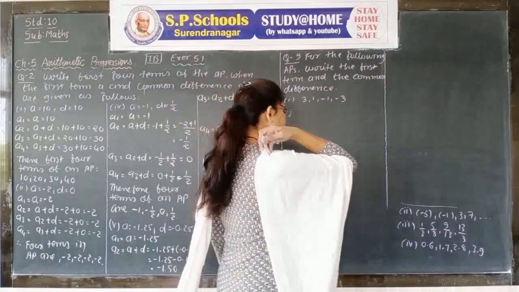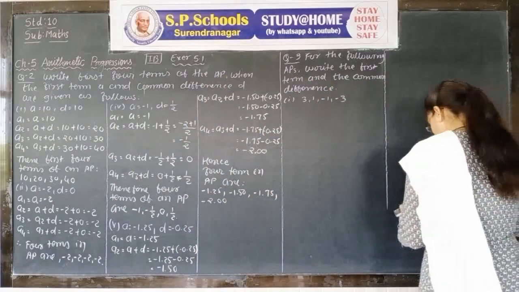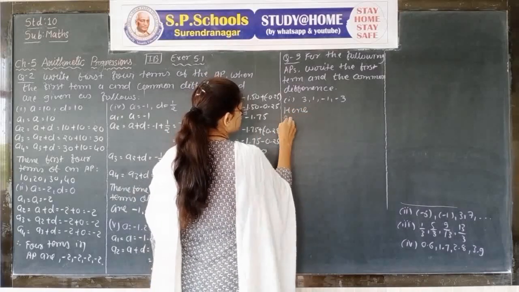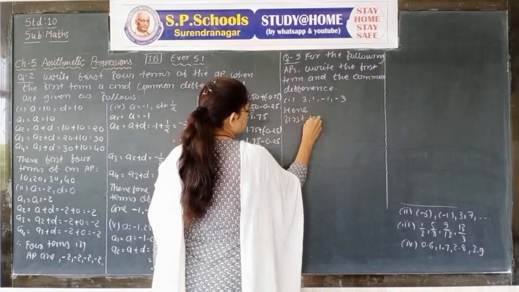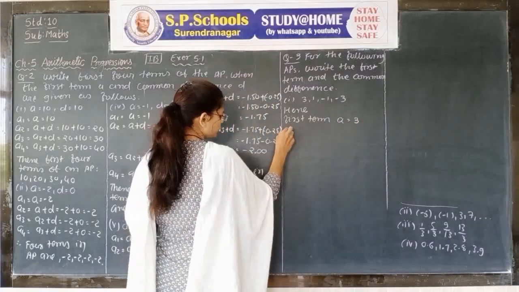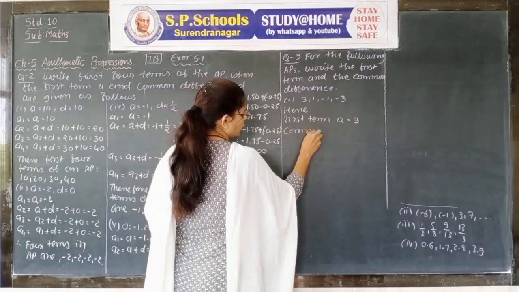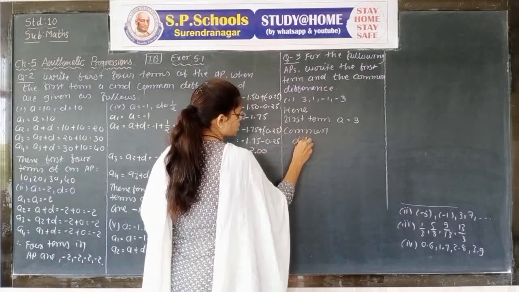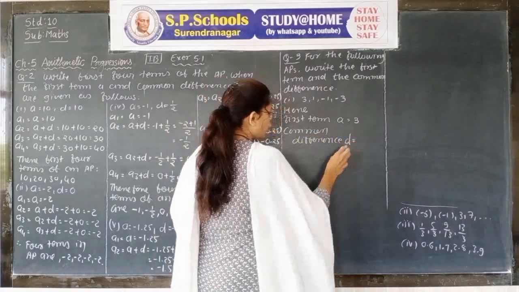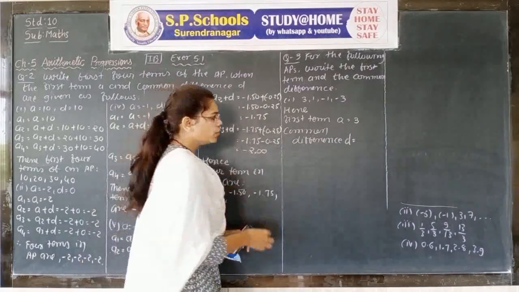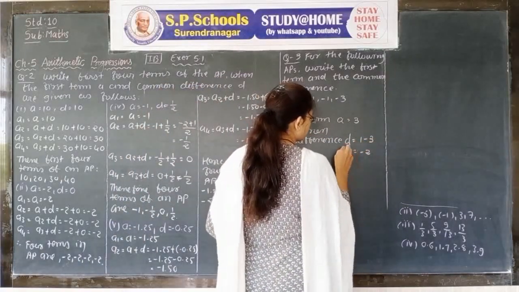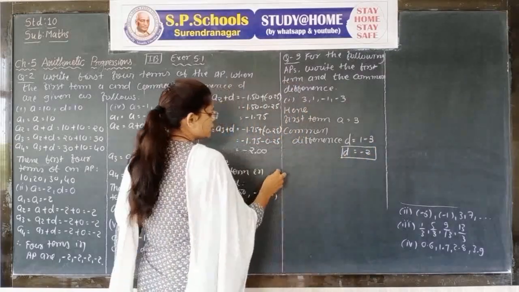See the first AP. Here the first term is denoted by A, which is equal to 3. Common difference D is obtained by subtraction of two consecutive terms. 1 minus 3 is equal to minus 2. D is equal to minus 2.